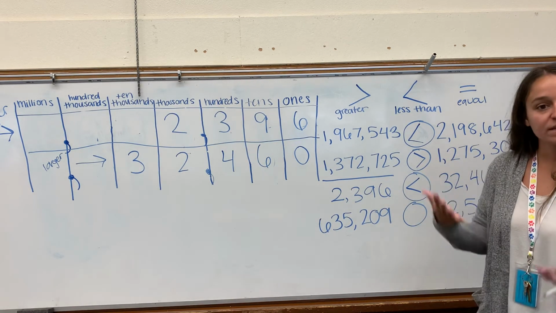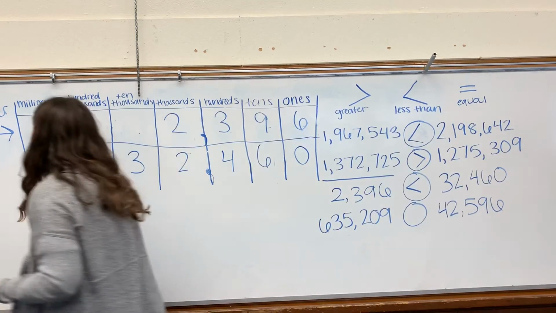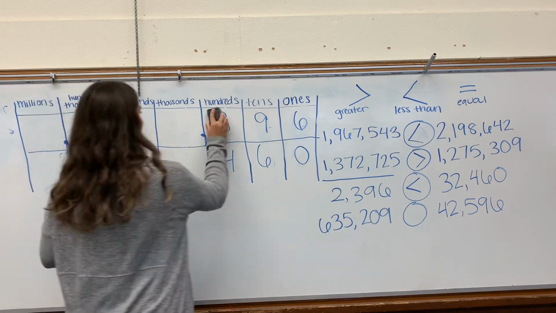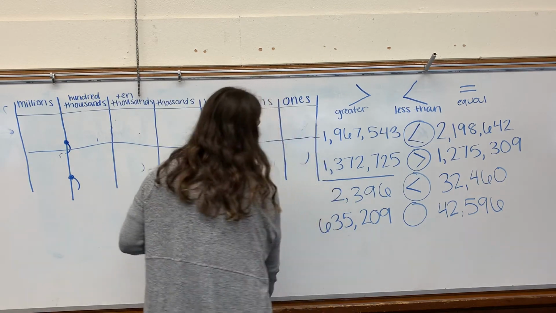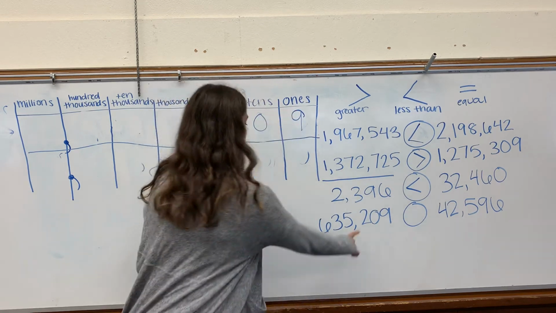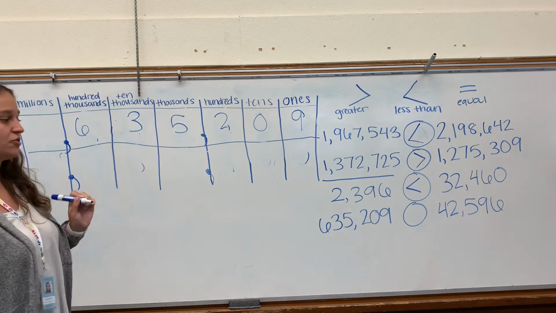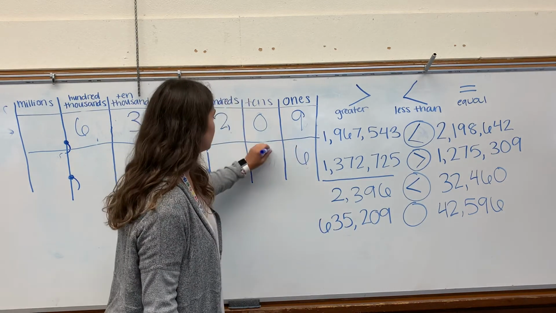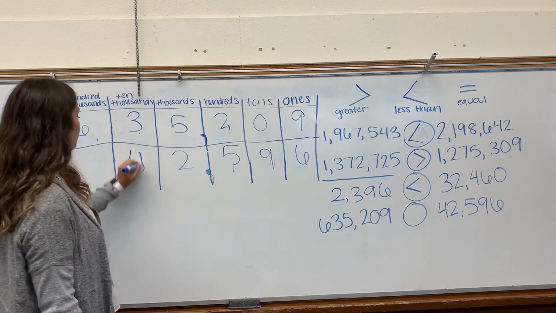All right, so what symbol should we have had in the middle here? Let's compare them. Our first number has 9 ones, 0 tens, 2 hundreds, 5 thousands, 3 ten thousands, and 6 hundred thousands. Our second number has 6 ones, 9 tens, 5 hundreds, 2 thousands, and 4 ten thousands.